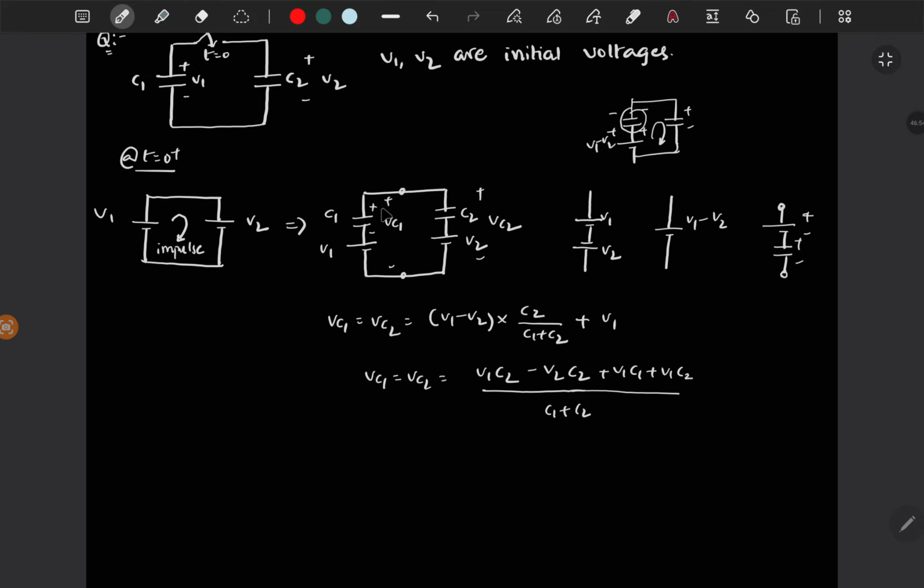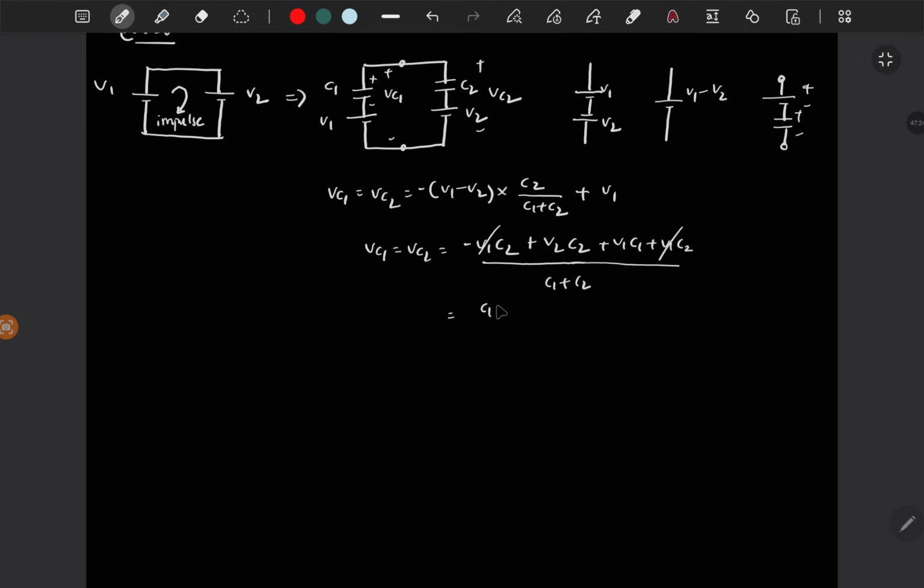But Vc1 is in this polarity, right? If you want to add these two, then take this polarity of voltage and this V1. So this polarity and this polarity are in opposite direction. If you understand that, it's good. So you will get minus here. So this is minus and this is plus. These two will get cancelled out.